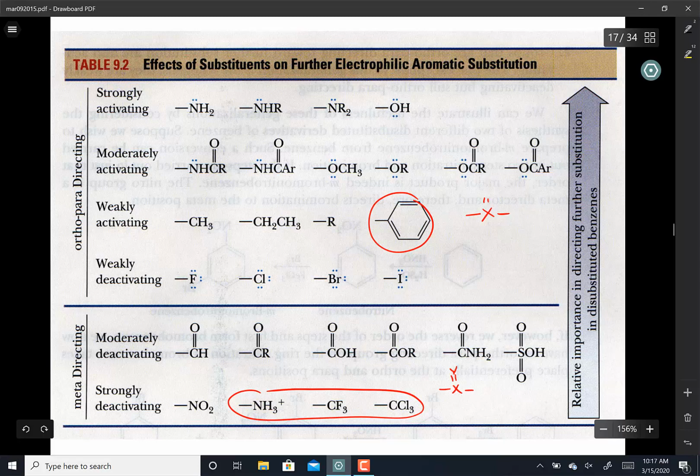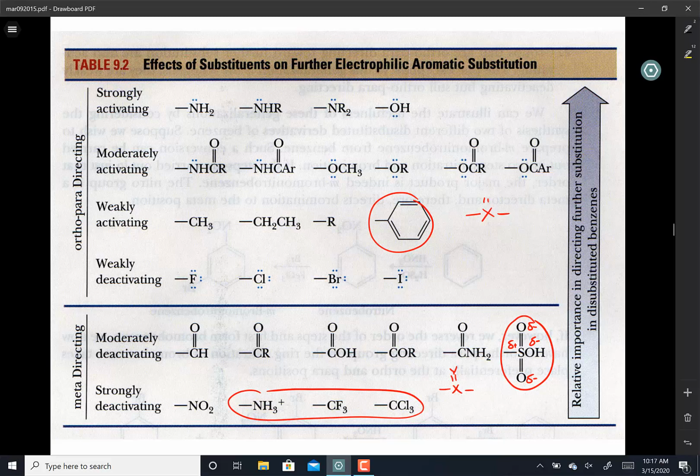So you might say, well, what about an SO3H group? Well, SO3H looks like an X double bond Y. The sulfur's delta positive and all of the oxygens are delta negative. It's got multiple bonds, so it's going to be deactivating.